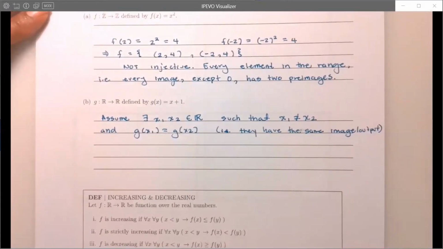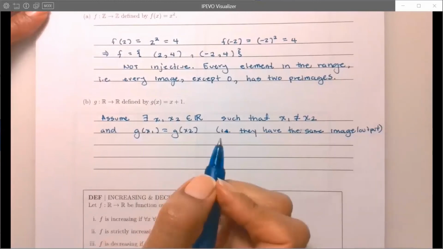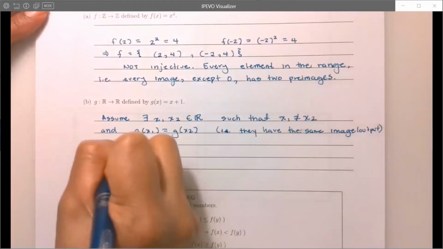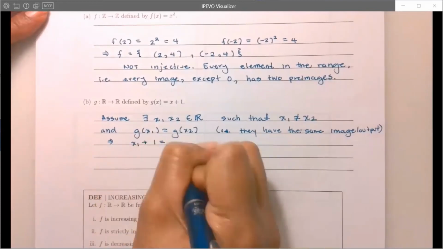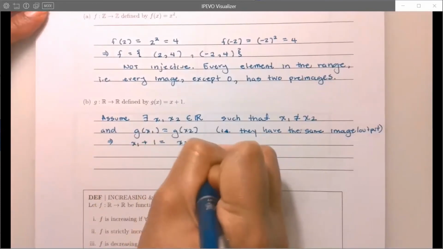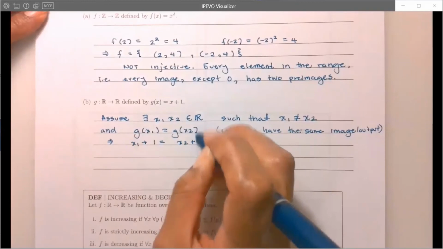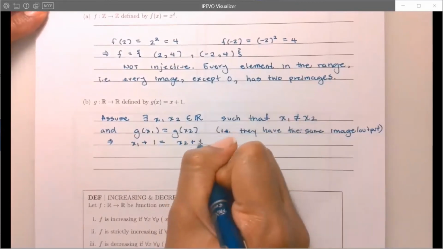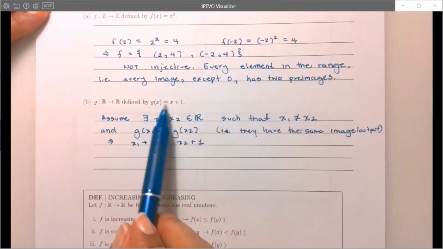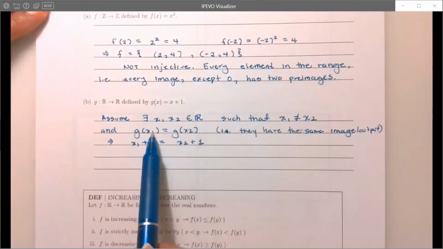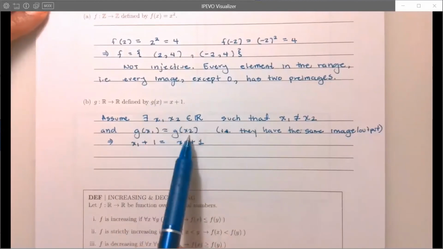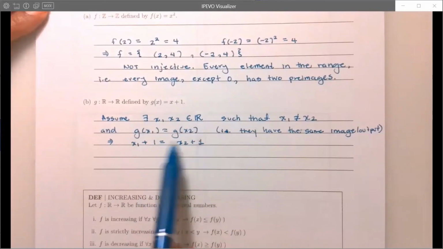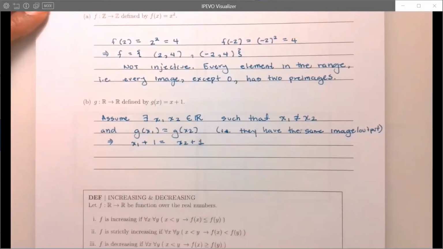Okay, then what does that mean? Well, then that means that x1 plus 1 is equal to x2 plus 1, just by the definition of g, right? g of x is x plus 1, so replace x with x1 and replace x with x2 on the right-hand side, and both of those expressions are going to give you the same thing.